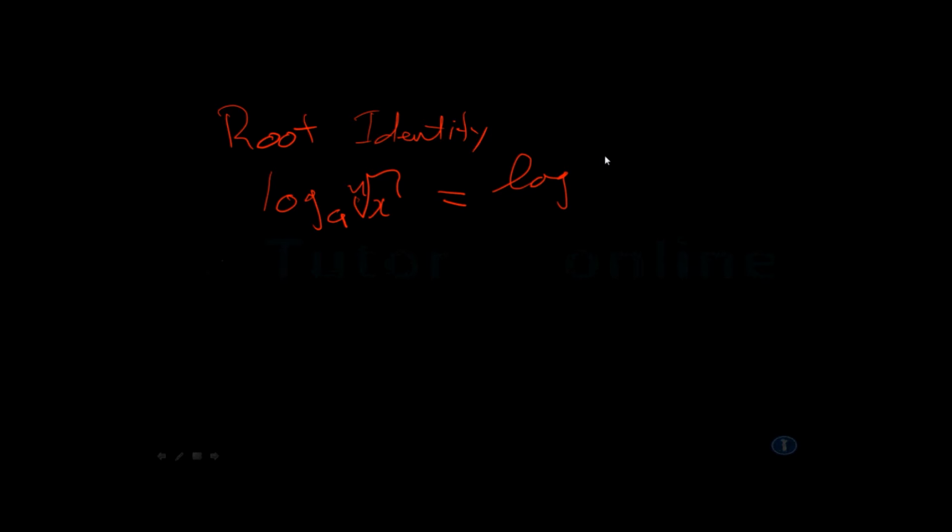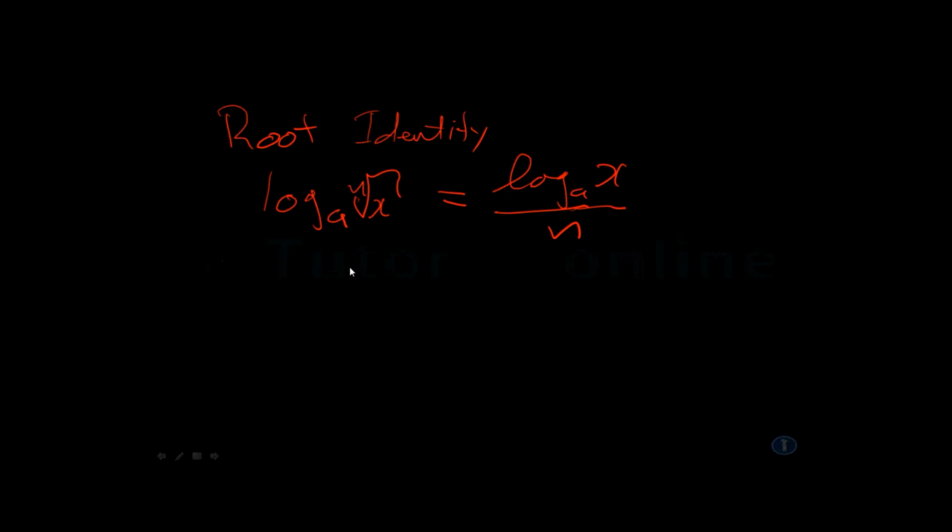The next identity we need to deal with is the root identity, which is very similar to the power identity. The root identity states the logarithm of the nth root of x to the base of a is equal to the logarithm of x to the base of a divided by n.